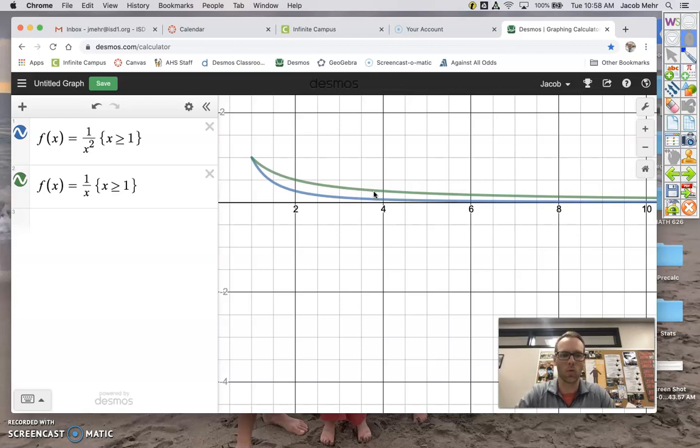It does not approach a number. And that's really interesting because they both have the x-axis as a horizontal asymptote. So what I would say is this blue one approaches the x-axis fast enough that it converges, where the green one does not approach it fast enough, so it diverges. This is really kind of head-spinning stuff, isn't it? This is neat, really interesting to contemplate as we go to infinity with areas.